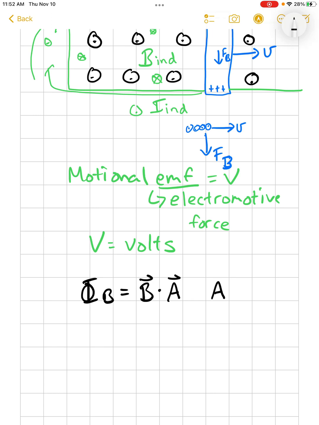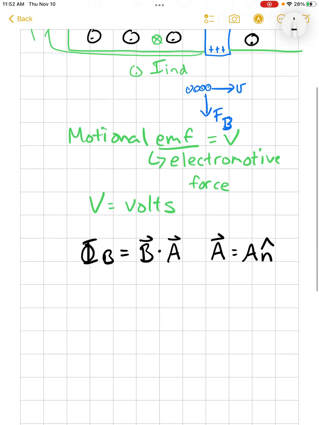Of course, we remember that an area vector is defined by the area itself times the normal vector that points perpendicular to the plane of the loop. Okay? So if we want to think about how to create an EMF, which I'm going to write as squiggle E, that EMF is going to be equal to the change in the magnetic flux over time.